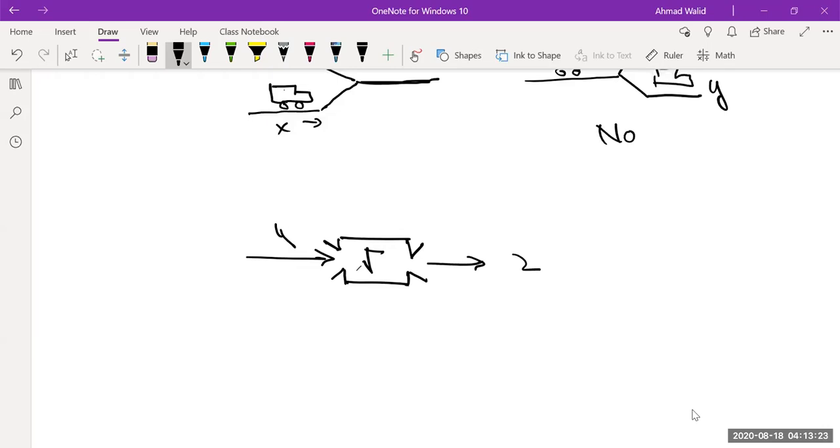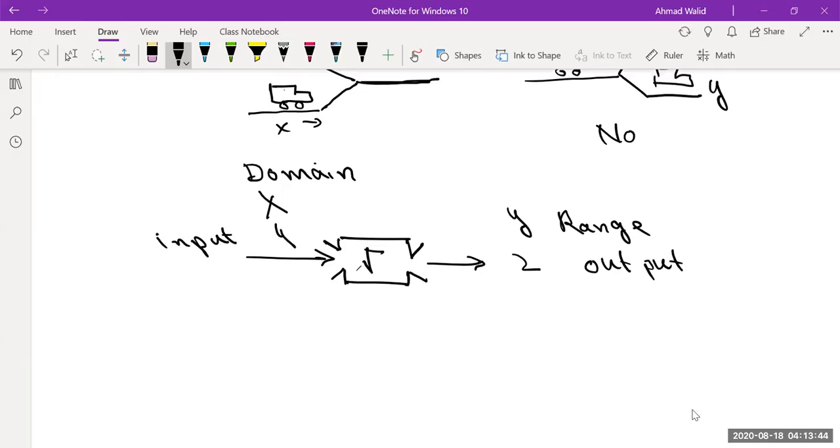Right? 4 is X. 4 is your domain, or 4 is your input. This is the value that you put. 2 is Y, which we call what? Range or output. This simple diagram can represent a function very well for you.